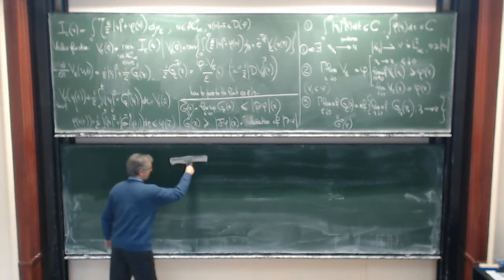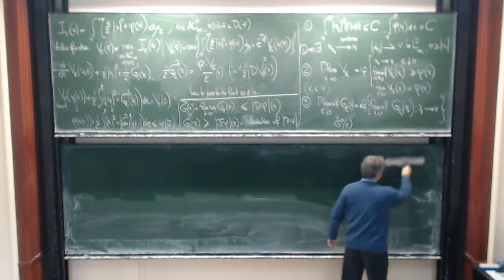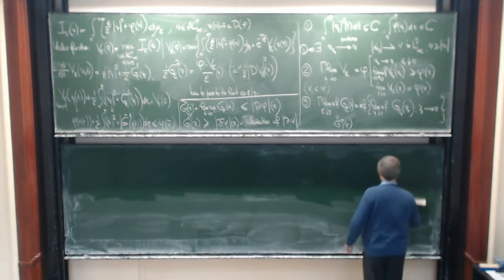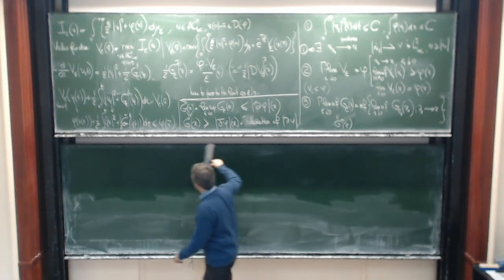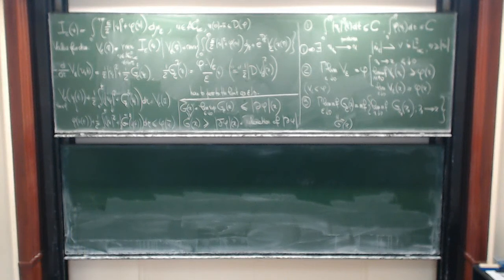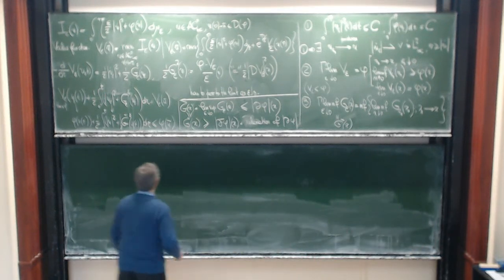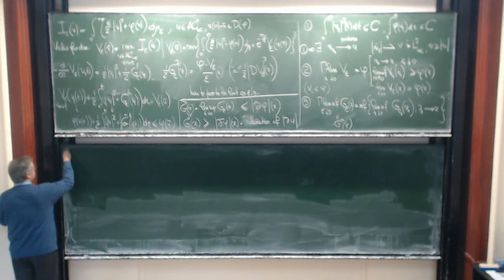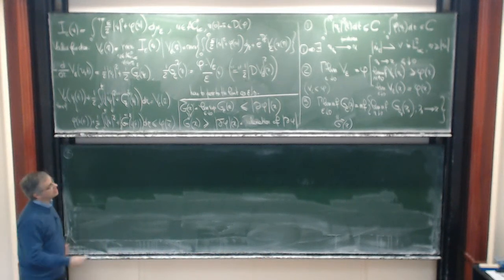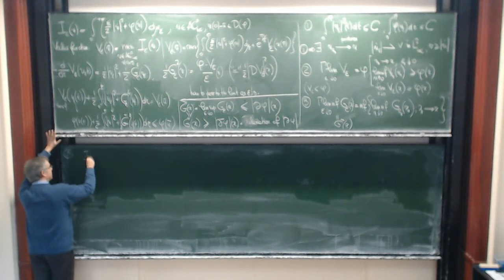So in order to study this behavior, it is still useful to introduce another quantity to express the functional I epsilon in a different way. And this is step 3, the study of this strange quantity. Let me rewrite here the definition of the integral functional.